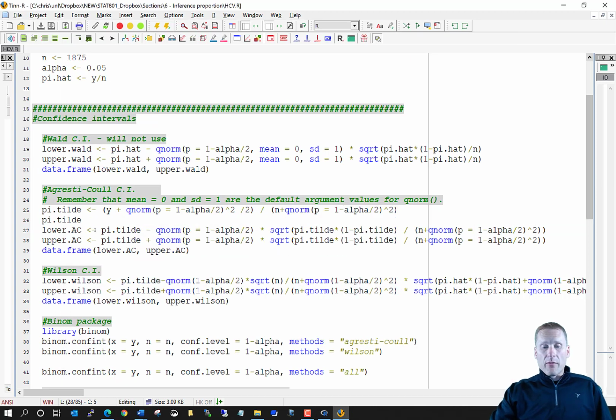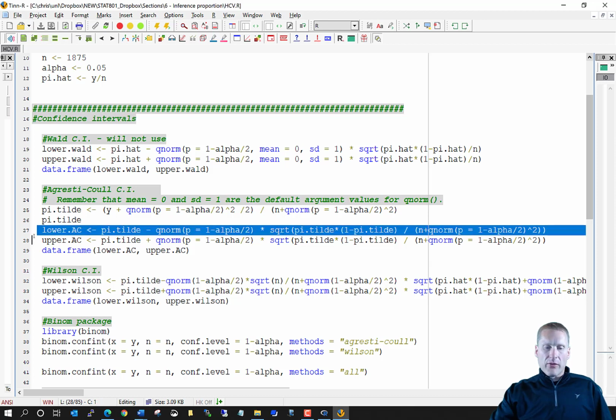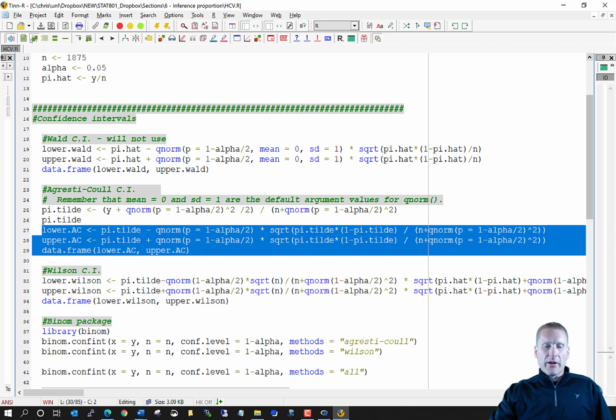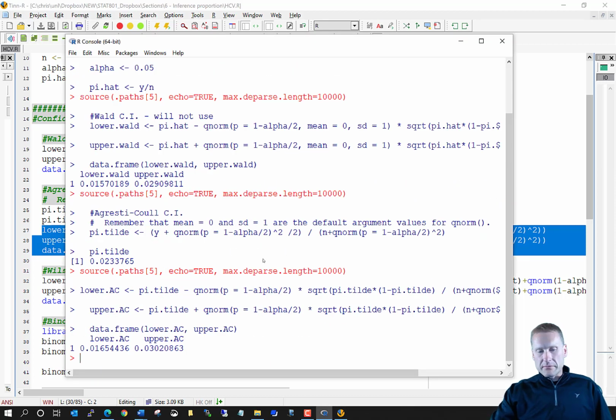Then I find my lower bound, pi tilde minus the value from the standard normal times the square root of pi tilde times 1 minus pi tilde divided by n plus that quantile from the standard normal squared. Okay, so I do that for my lower bound, upper bound. I replace the minus that we have here with now a plus, put it all in a nice little data frame, and here we go.